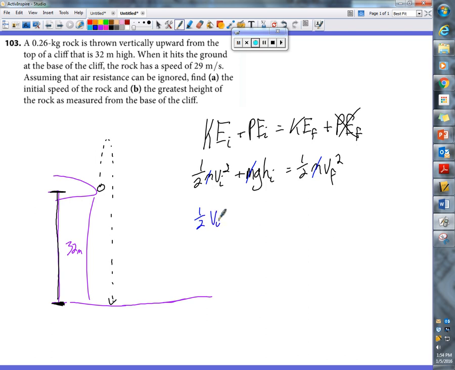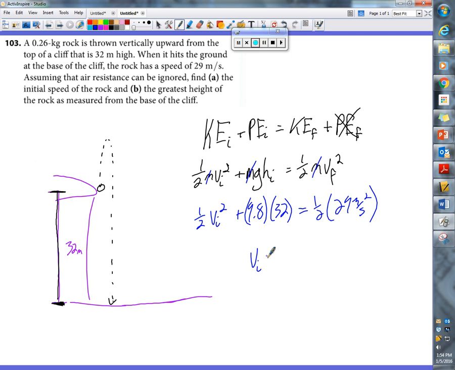So 1/2 v initial squared plus 9.8 times 32 meters is equal to 1/2 times 29 meters per second, squared. Move that around to do our algebra here.